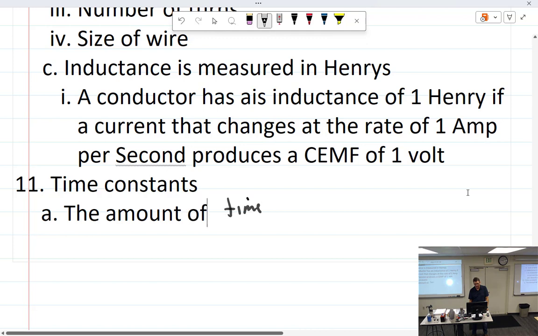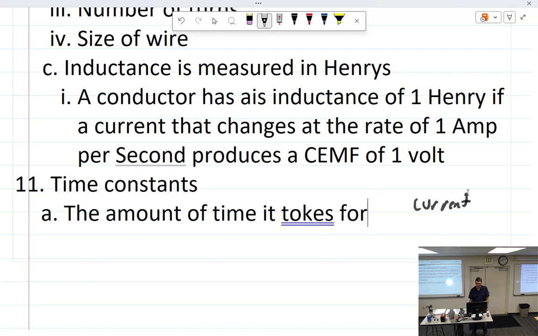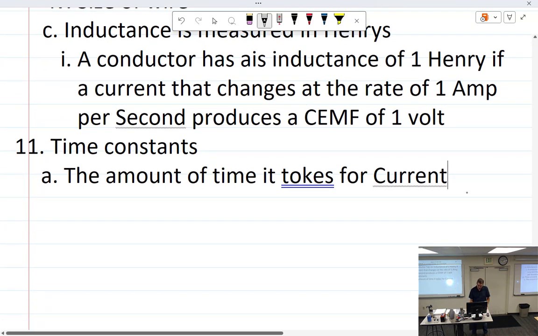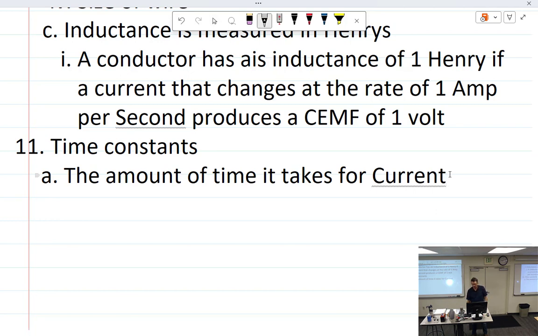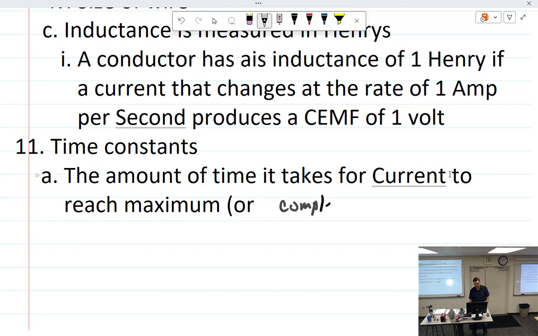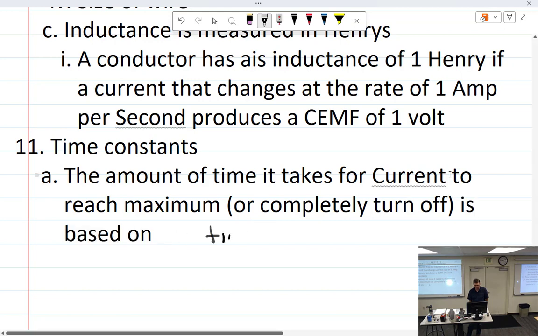The amount of time it takes for current to increase, to reach maximum, or completely turn off, because we have to add that in there too, is based on time constants.